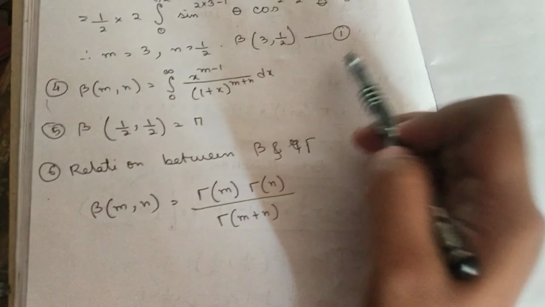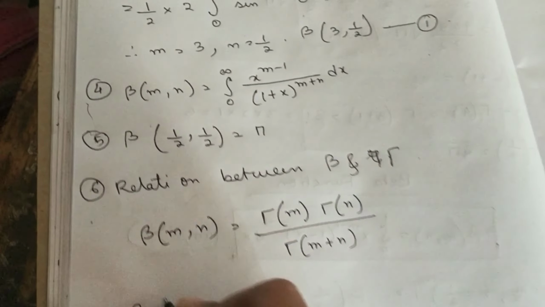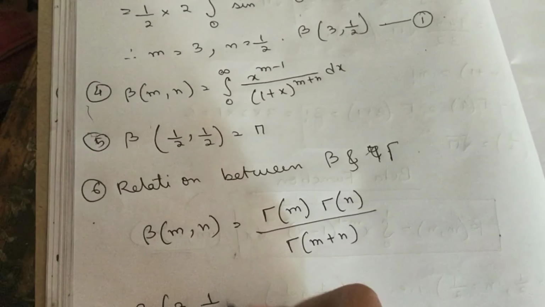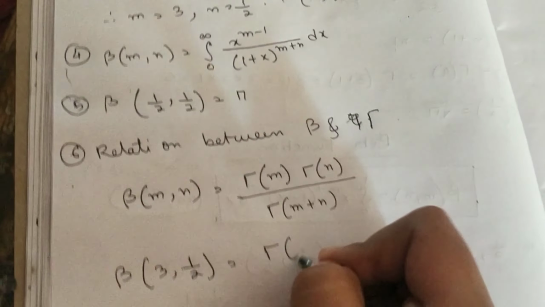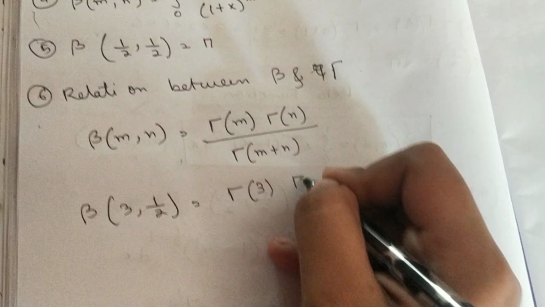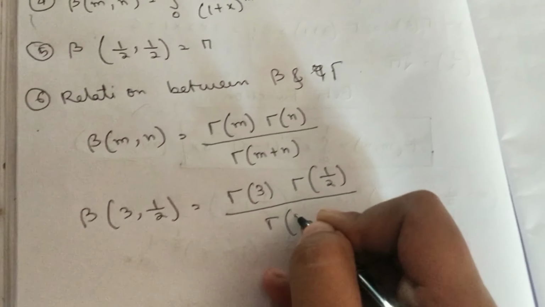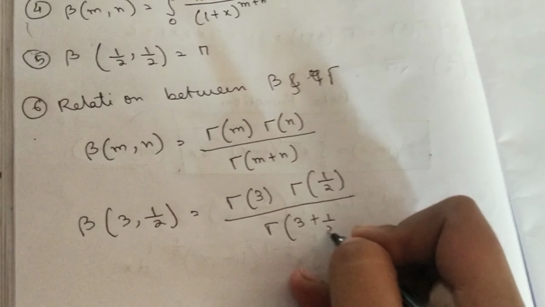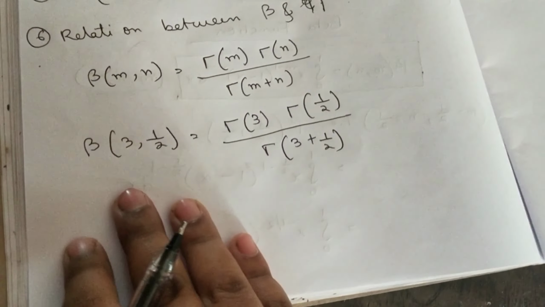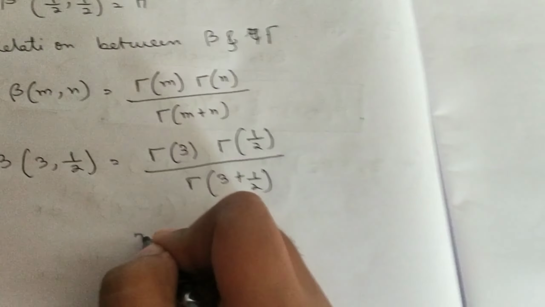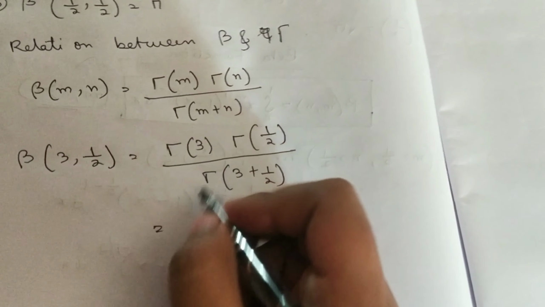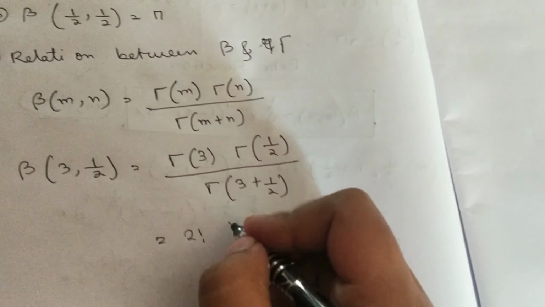Now from this, beta 3 comma half we can write as gamma 3 gamma half by gamma 3 plus half, right? Gamma 3 we can write as 2 factorial.